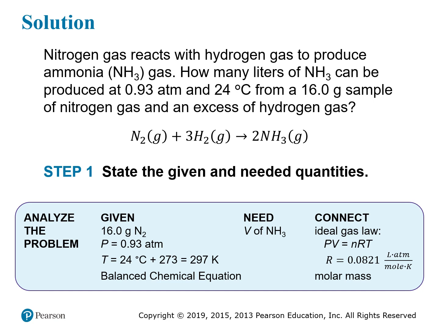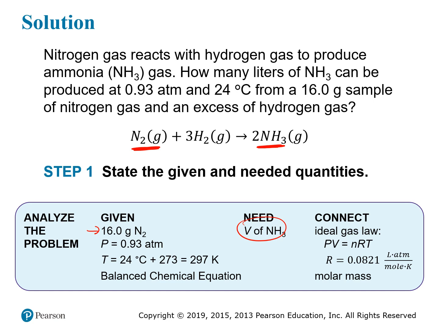So let's analyze the problem. We are given the mass of nitrogen, that's the mass of a reactant, and we're asked to find the volume of ammonia, which is the volume of a product. We know that in order to relate one substance to another in the chemical equation, we're going to need a mole-to-mole factor, or mole-to-mole ratio. That means that in order to figure out moles of ammonia, we'll need to get moles of nitrogen.